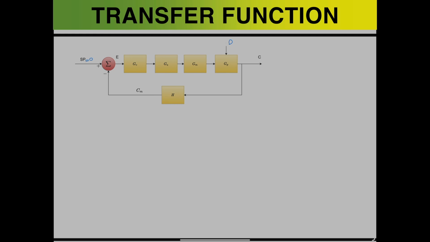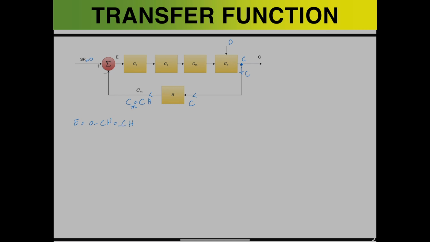So essentially, again, this node at the output is C, and whatever exists at node is also C. So the input of H is C, and the output is going to be C times H, which we call Cm. Now, CH is going to be fed to this error detector, but this error detector is going to subtract 0 and CH. In this case, error detector is going to be 0 minus CH, which simply is going to be minus CH.